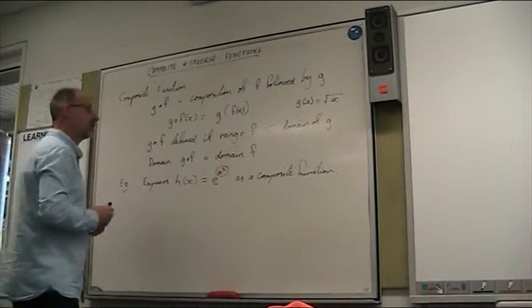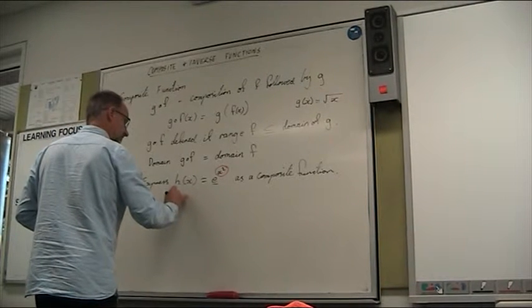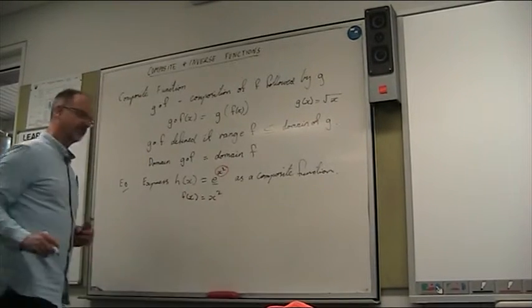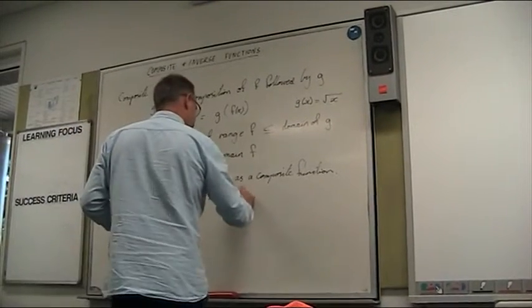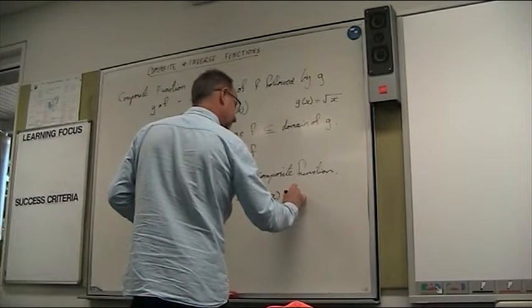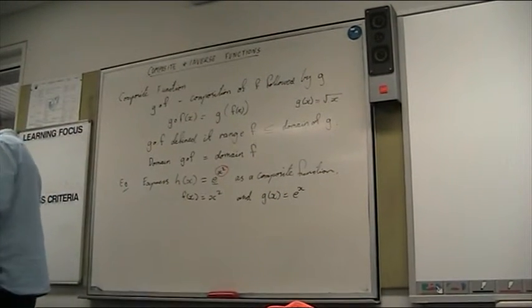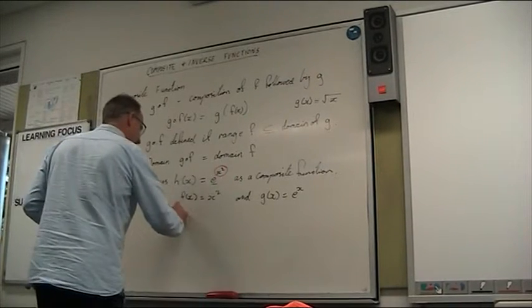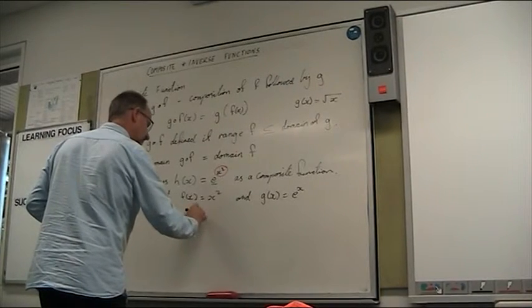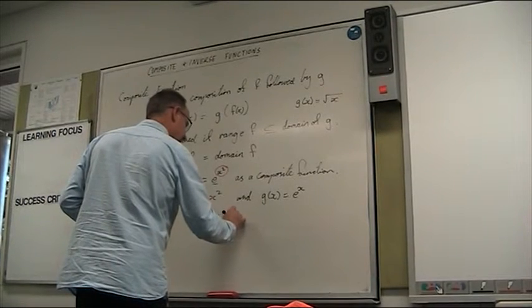So if we have f of x is equal to x squared, and g of x is equal to e to the x, then h of x would be g of f of x.